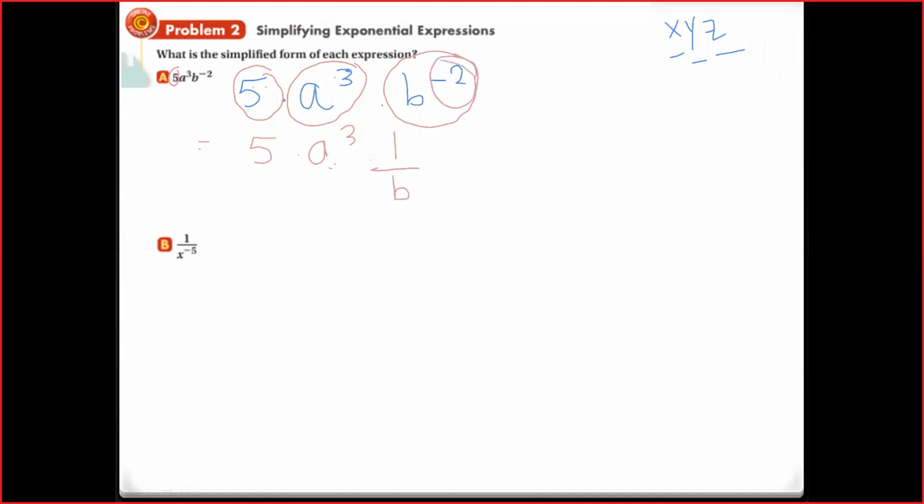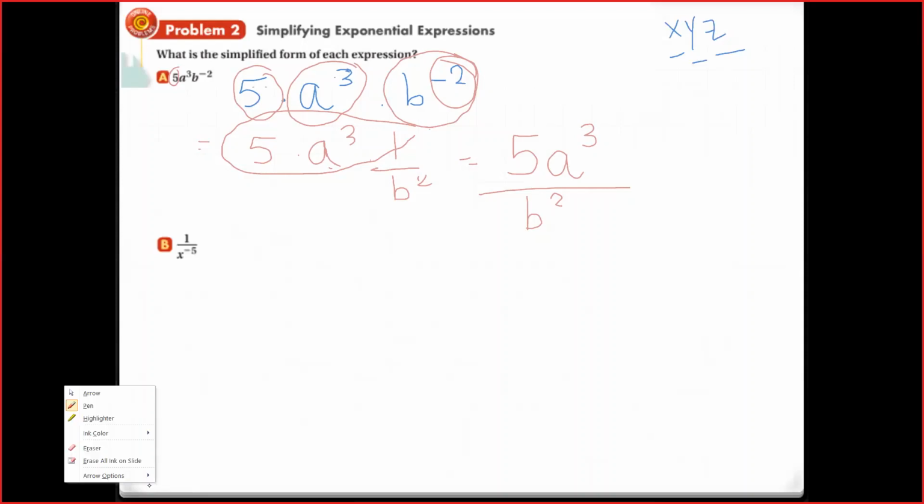And what is the opposite of -2? +2. Thank you. Then look here, look down. 5 multiplied by a cubed multiplied by 1 over b squared. How can I rewrite it? As 5a cubed. Excellent. Over what? b squared. Is it clear? So this is one.